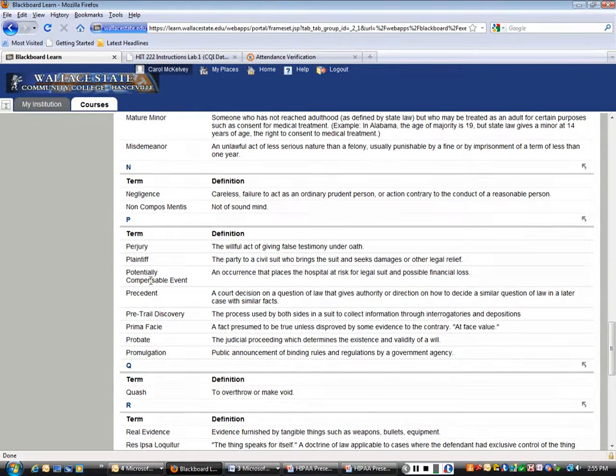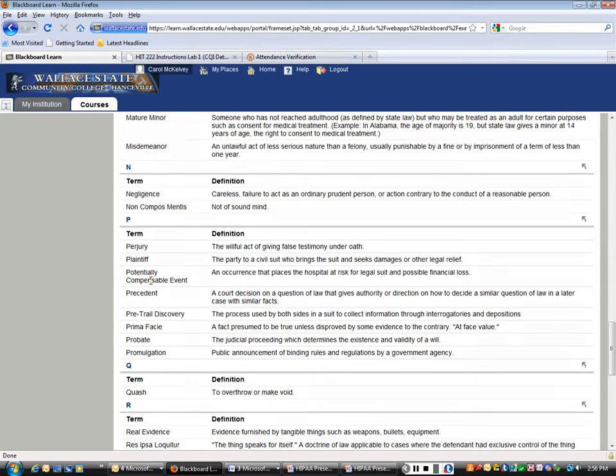So that's promulgation. Quash, which is kind of a funny word, just means to overthrow or make void. A perfect example of this is if a subpoena is issued for someone's records, say their medical records, their attorney can go before the court to have that subpoena overthrown or void so that those records aren't released in court.